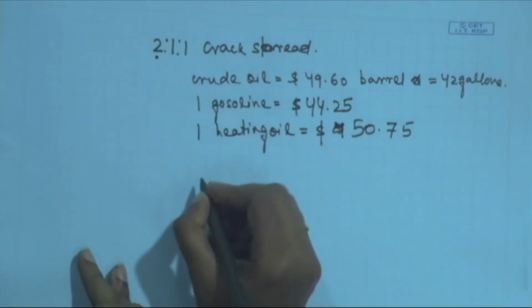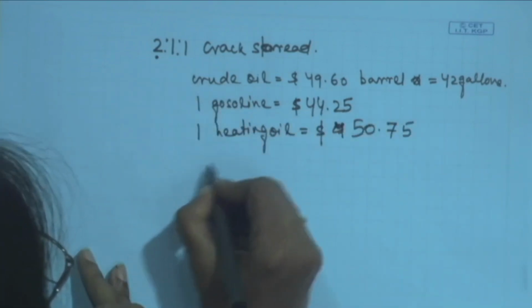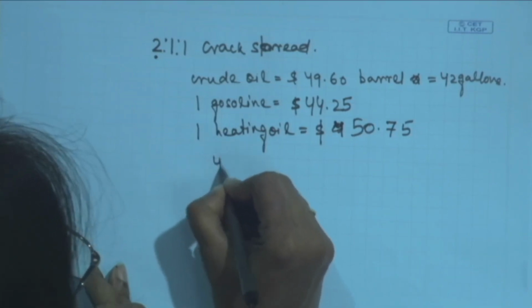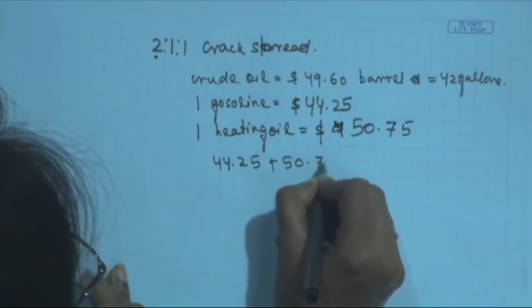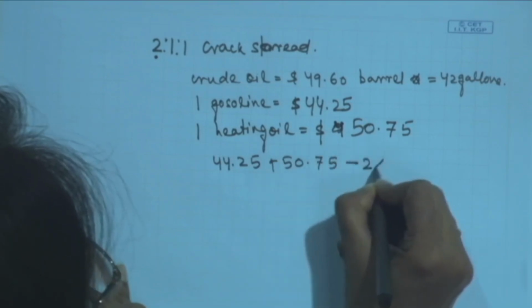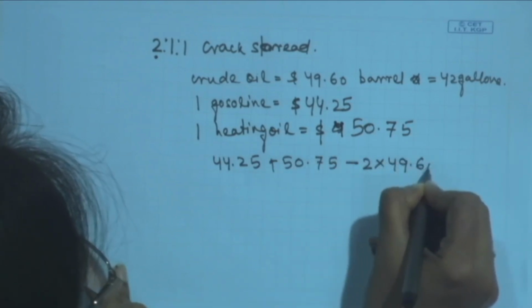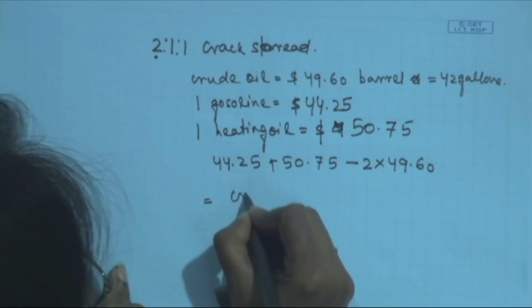So how can we calculate the crack spread? It will be 44.25 plus 50.75 minus 2 into 49.60. That gives us our crack spread.